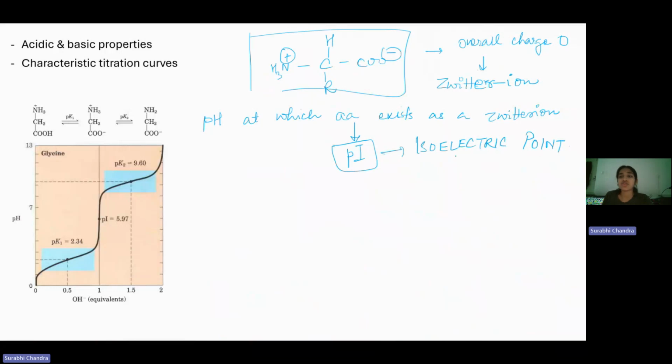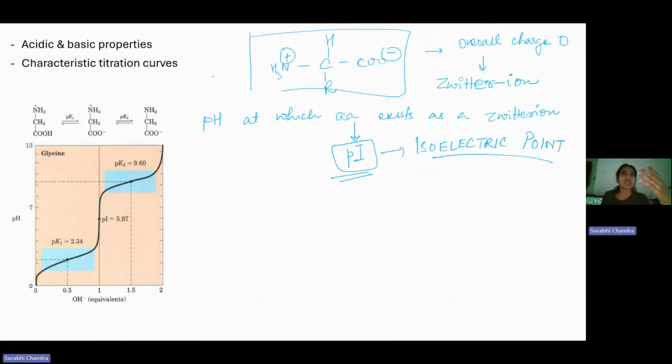It is the pH at which there will be no net charge on an amino acid, and so it will not be moving in an electric field.